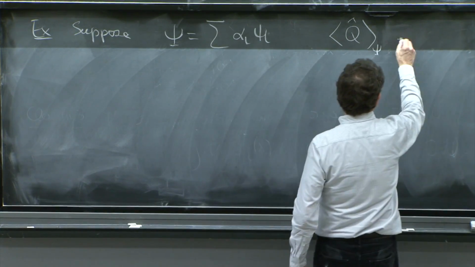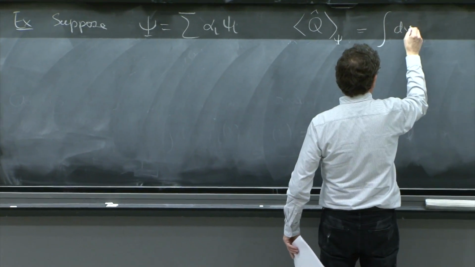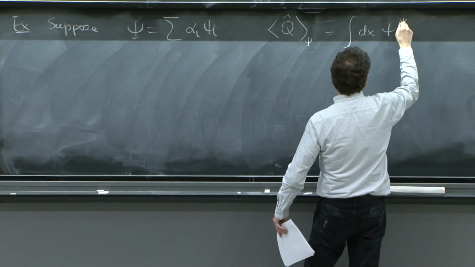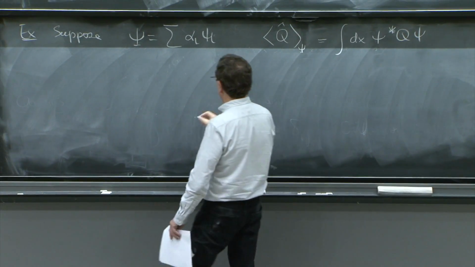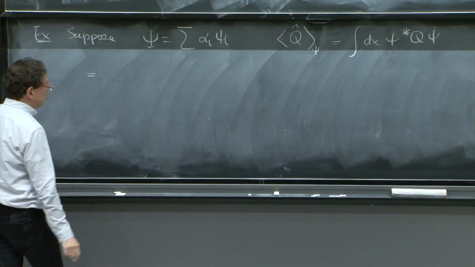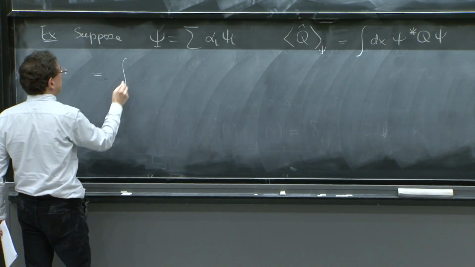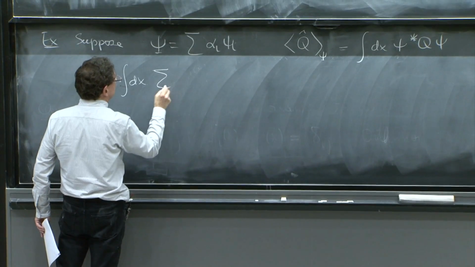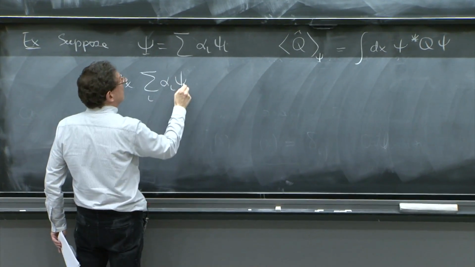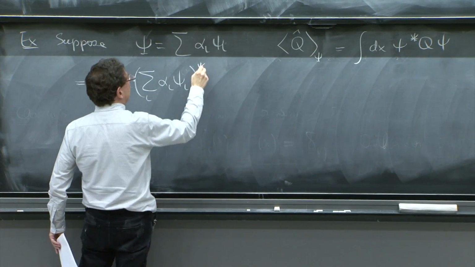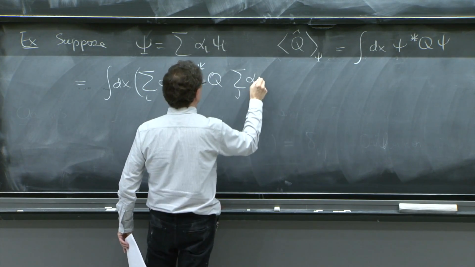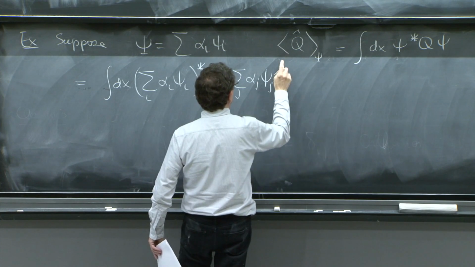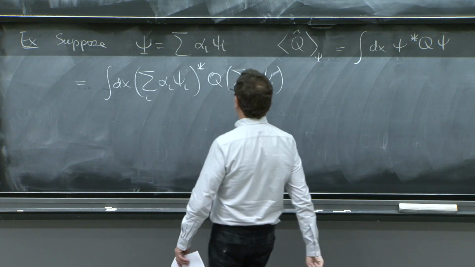So this is equal to the integral dx psi star Q psi, and now I have to put two sums as before. I go a little fast here. Integral dx, sum over i alpha_i psi_i star Q sum over j alpha_j psi_j, no star here.